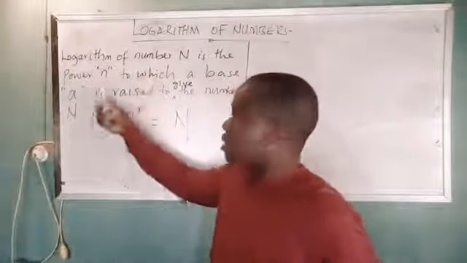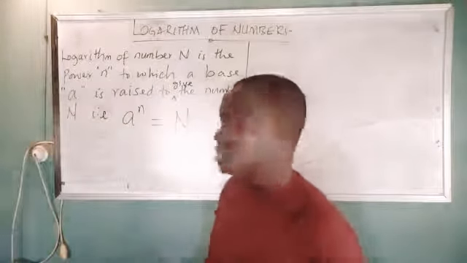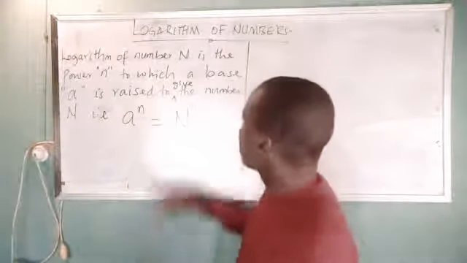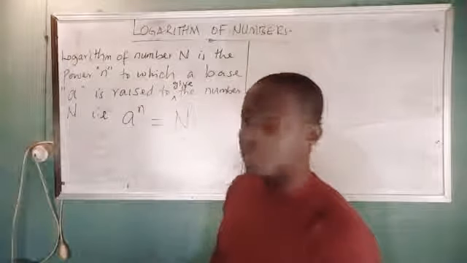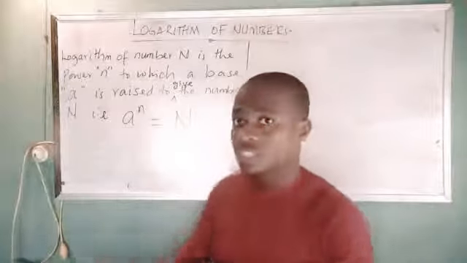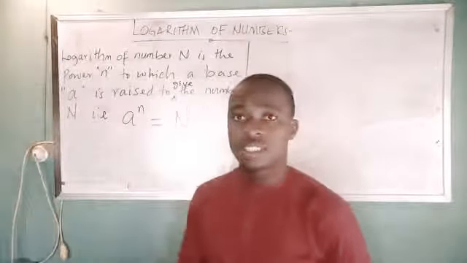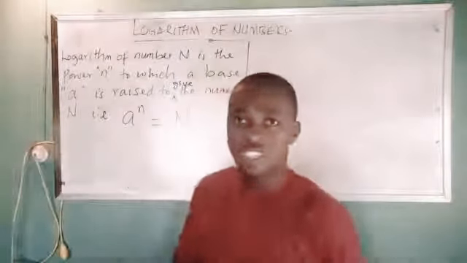Then n is representing an integer, that is, positive and negative integers, the set of integers, while a is only strictly positive because we cannot have a negative base.